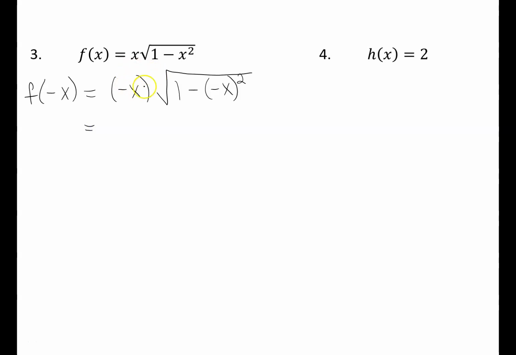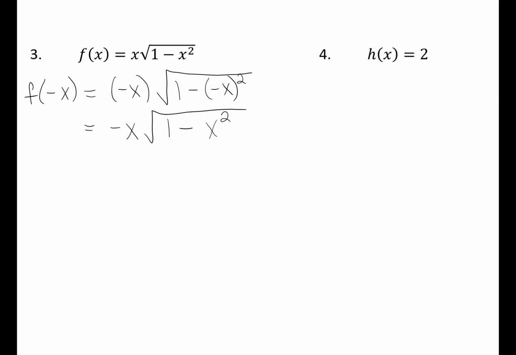Now, since we don't have an exponent, or I guess you could just say the exponent's 1, then negative x is just negative x. Radical, 1 minus. Here, when we square the negative, it becomes positive. Now, I still need this negative that's out front, comes down, but this is going to turn into x squared.